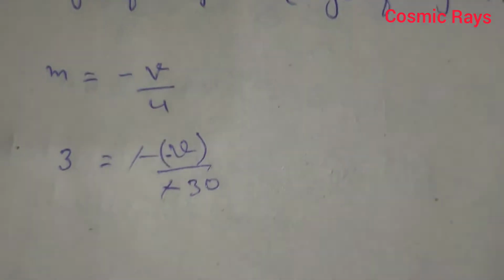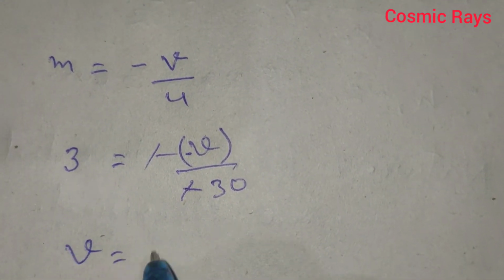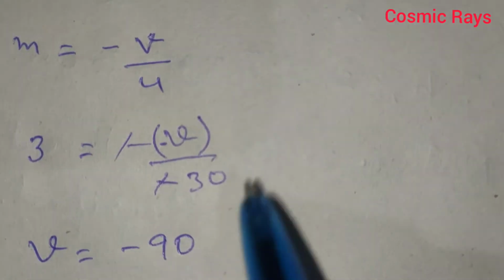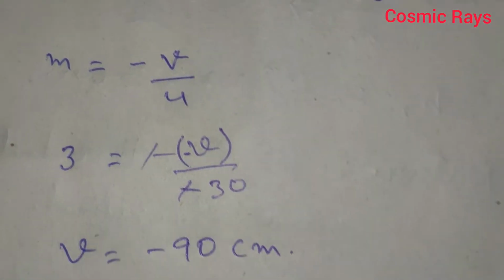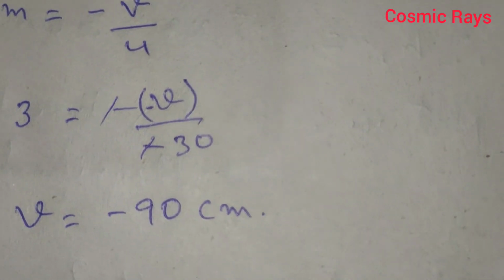So minus minus cancel and 30 into 3 is 90. So v is equal to minus 90 centimeter. So the position of the image is 90 centimeter.